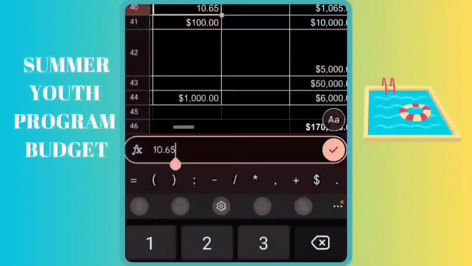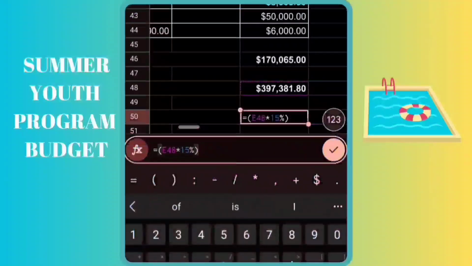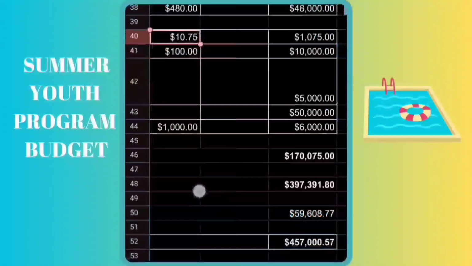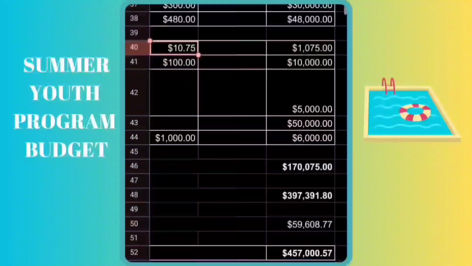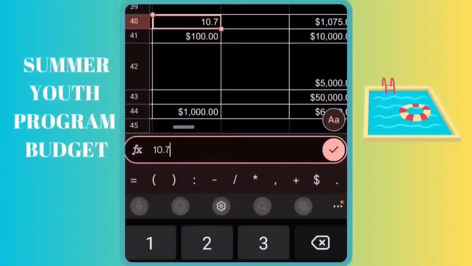Looking at just a matter of dollars. 93 cents. 57 cents.